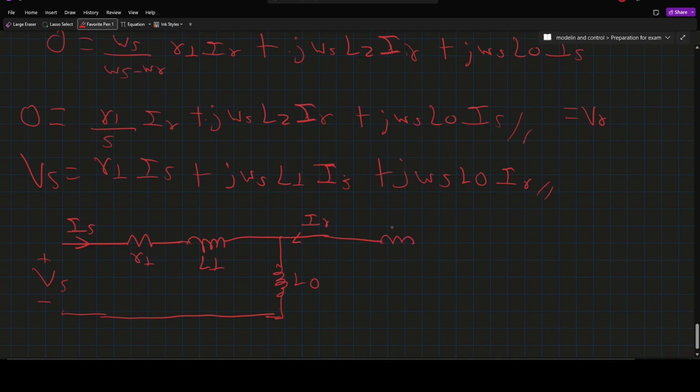Now it makes sense because here we have our L2 that multiplies our IR. And here we are going to have our R2, this is R2. I wasn't looking up when I wrote this equation, that's why I messed up some of the terms. R2 over our slip.